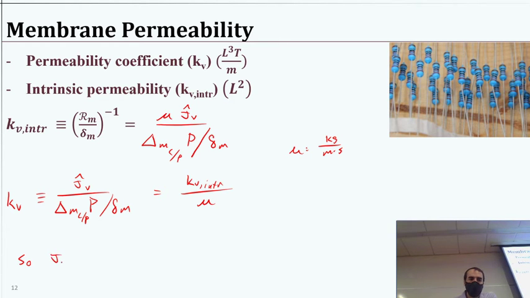This flux, Jv, we can now define in terms of the intrinsic permeability of a membrane, and say this is equal to the pressure difference across the membrane at the interface of C and P, divided by the thickness of the membrane, divided by mu times this intrinsic permeability.